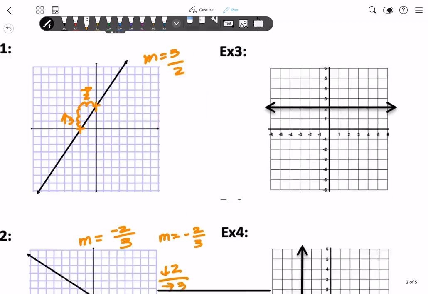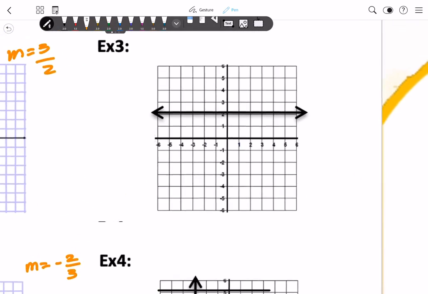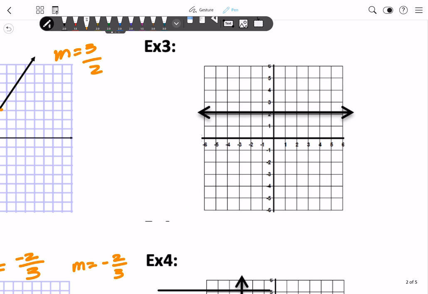All right, so now you'll notice 3 and 4. Number 3 is a horizontal line, which means it's got a 0 slope. So if it helps you, check this out. You can make a 0, or a z, sorry, for 0 right here with your horizontal line.